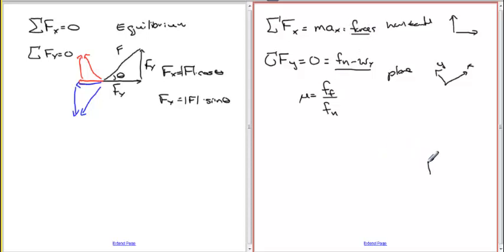Now, if you have something that's moving vertically, then that's kind of the other possibility. In that case, you have the weight pulling down and you have the tension in the cable pulling up. We don't worry about the x direction in here. Again, you can either define y going up or y going down. It all depends upon how you want to do it.